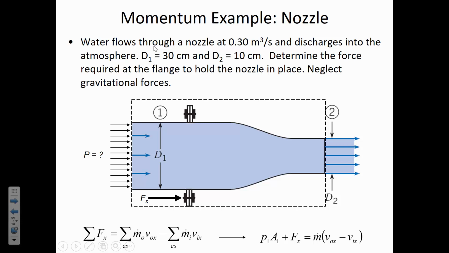First step, find A1 and A2 from the given diameters. Next step, find V1 and V2 with V equals Q divided by area. Third step is the Bernoulli equation to find P1.